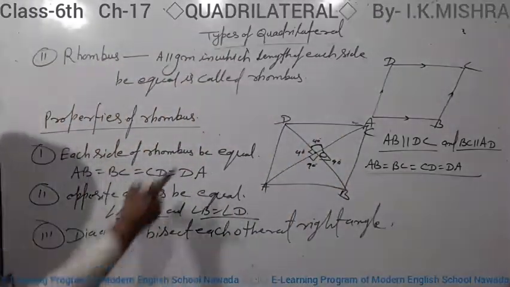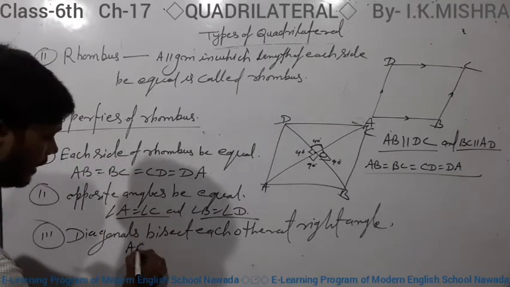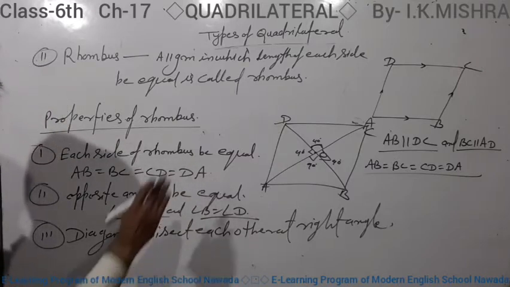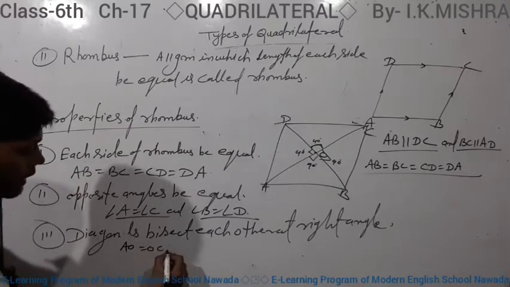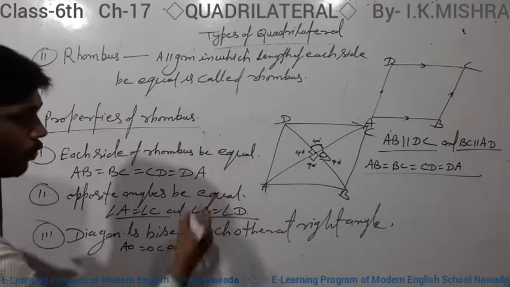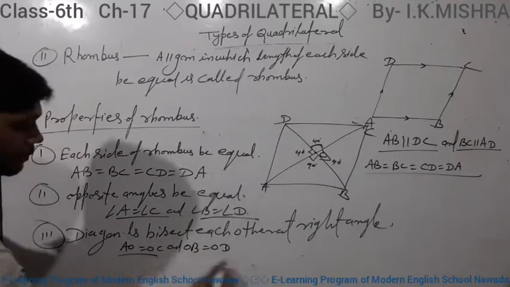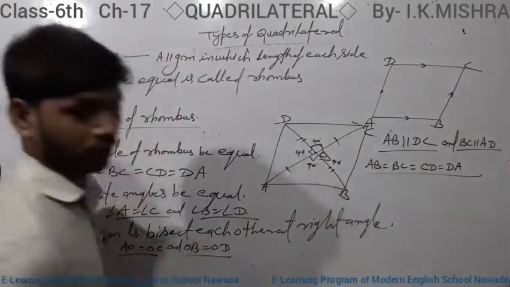That means students, according to this figure, AC and BD bisect each other, and here AO is equal to OC and OB is equal to OD. That means it's bisected. Here this part is equal to this part and this part is equal to this part.